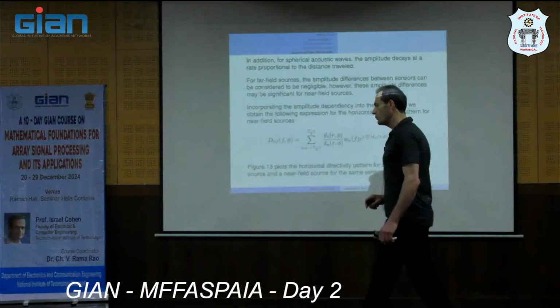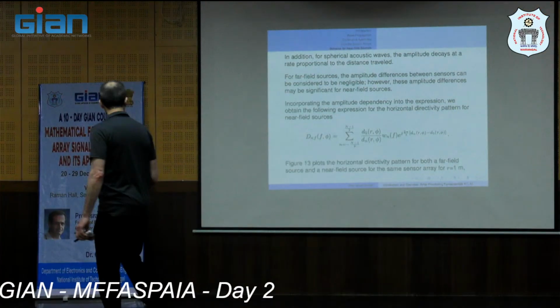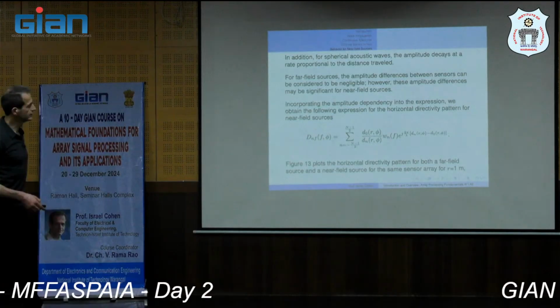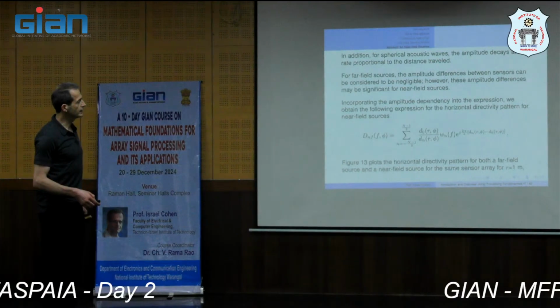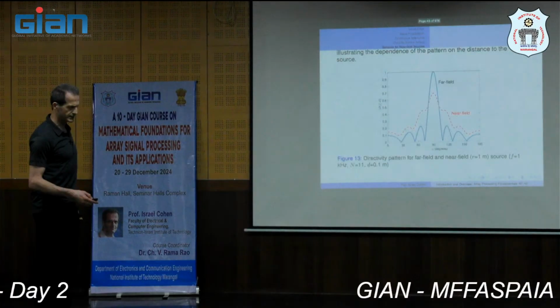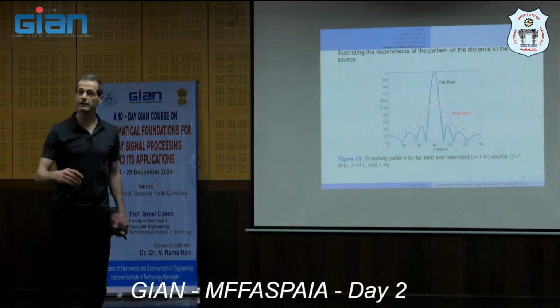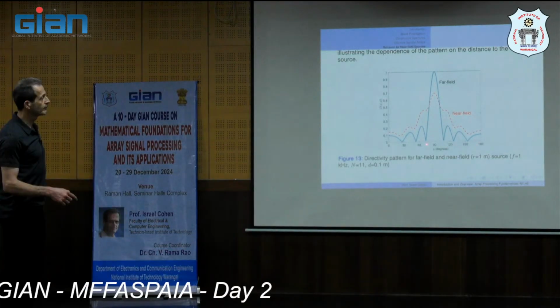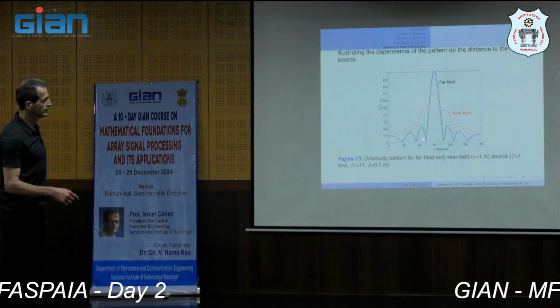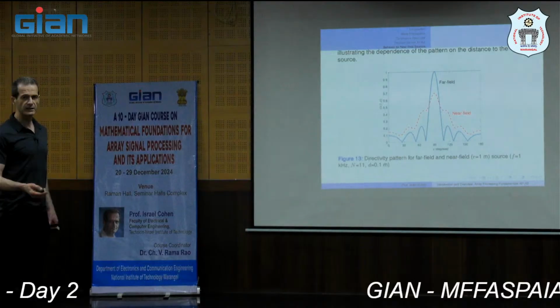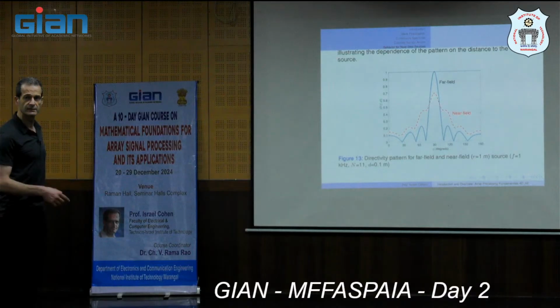So now we want to see what is the difference between the far field directivity pattern and the near field directivity pattern. This is just an example. We saw that for a uniform linear array, the far field directivity pattern goes like this, you see, it has some zeros. It's a Dirichlet function, so for some directions we have nulls.